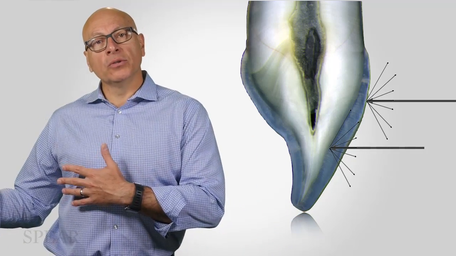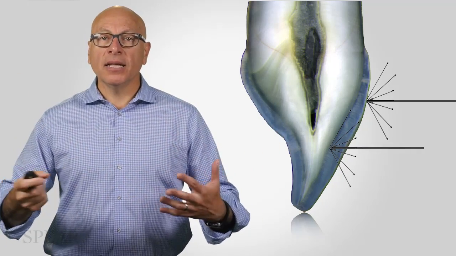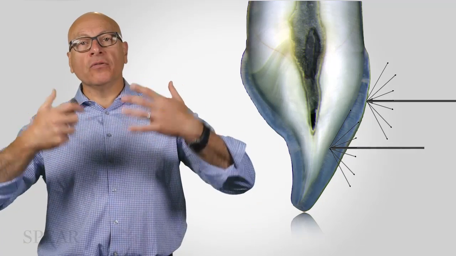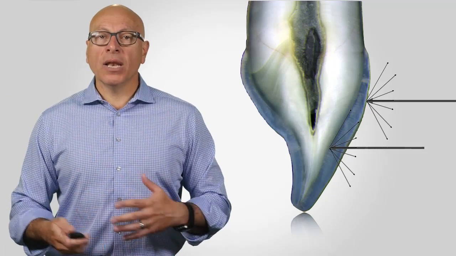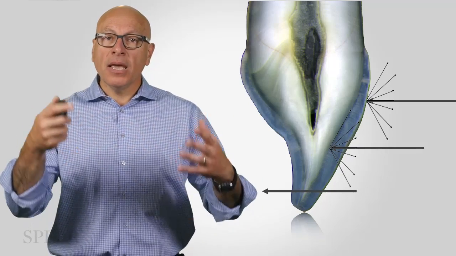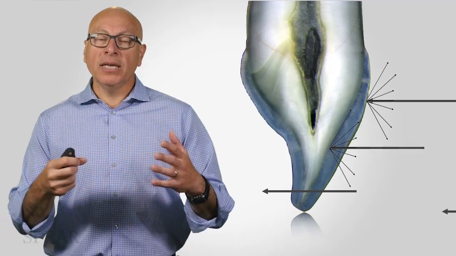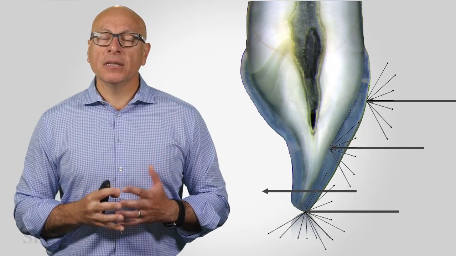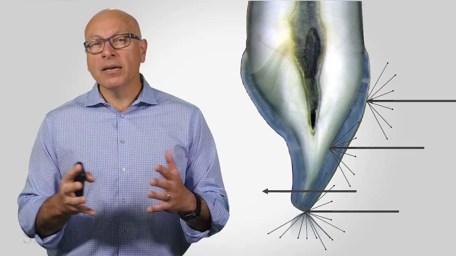Some of the light will go through the enamel, hit the dentin, and reflect. That's where some of the color comes out from the dentin and reflects out. Some of the light is going to go through that translucent enamel, and the dentin is going to block some areas. Some of the light will hit the incisal edge. That incisal edge will reflect the light in different ways, and that's the halo.